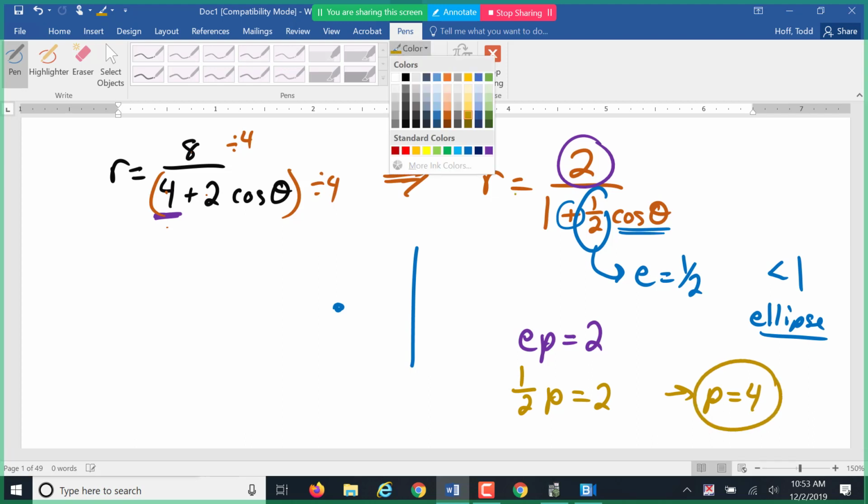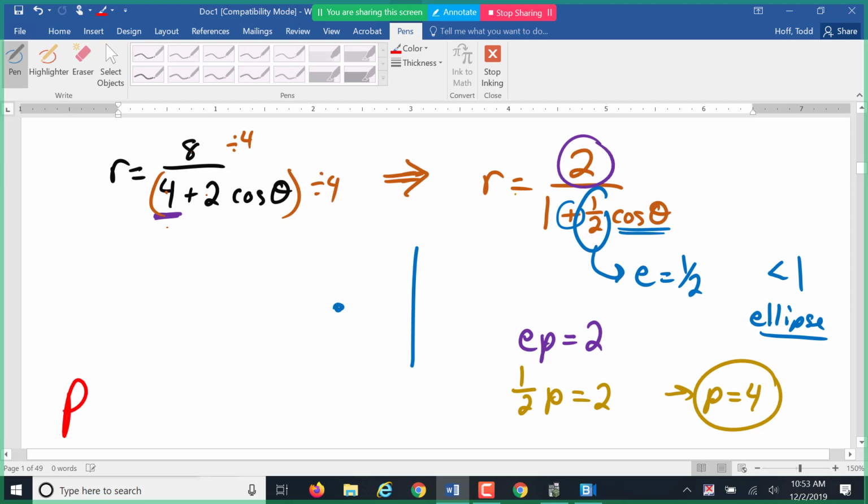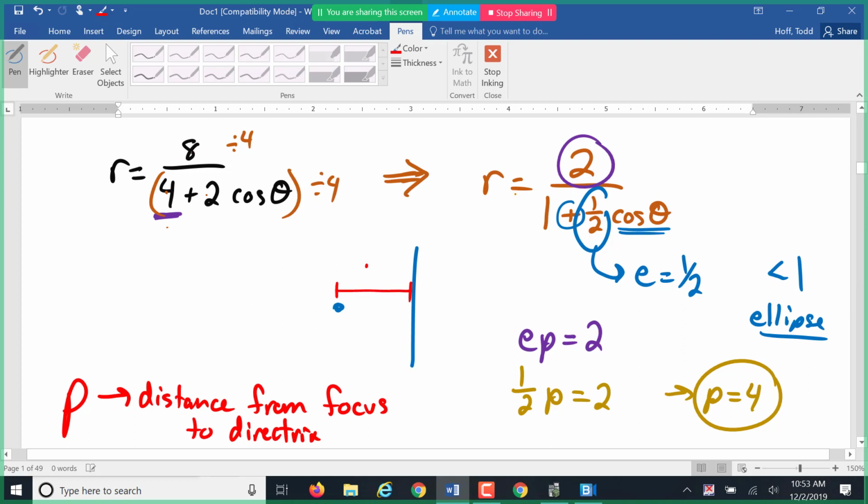So the question is, what does P tell us? P or rho, however you want to describe it. Well, P is the distance from the focus to the directrix. So that's this distance right here is P.